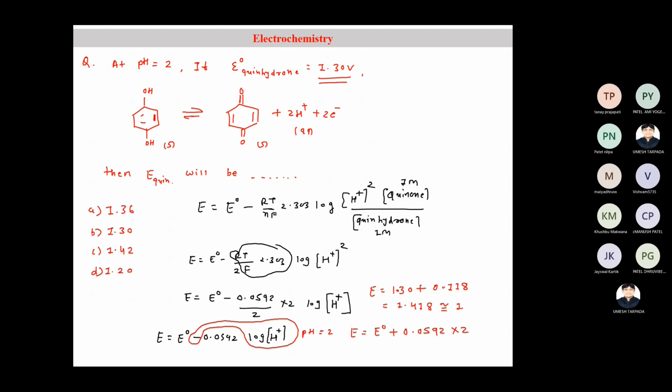It is close to 1.42. So this becomes the correct one. This is the correct one. Is it clear? Any doubts in this? No, sir. Okay, fine.